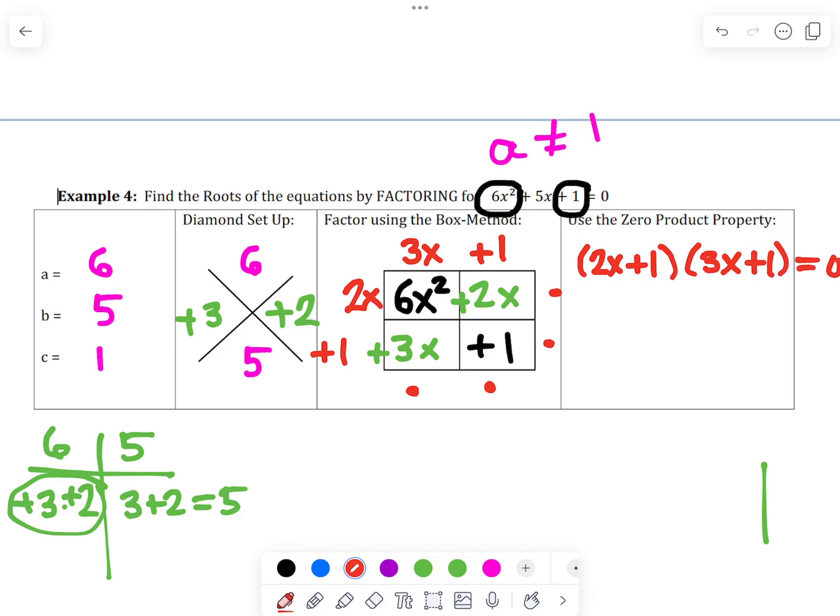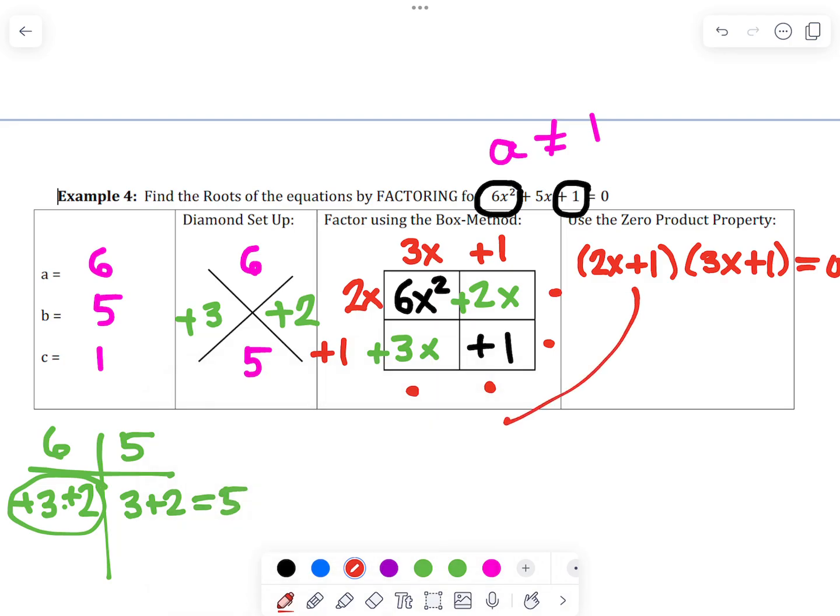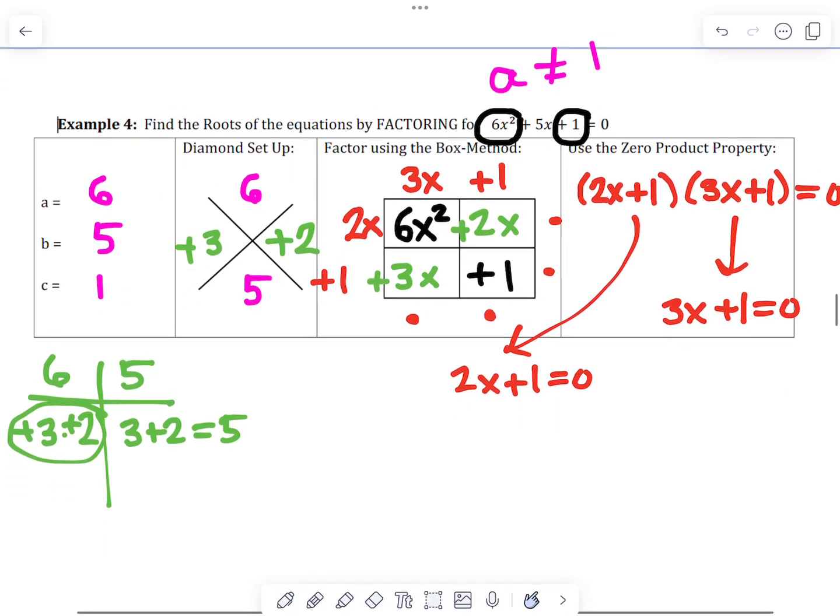Now we're going to apply our zero product property so we can find the zeros or the roots of the function. So I'm going to set 2x plus 1 equal to 0, and then 3x plus 1 equal to 0, and then we solve them for x.